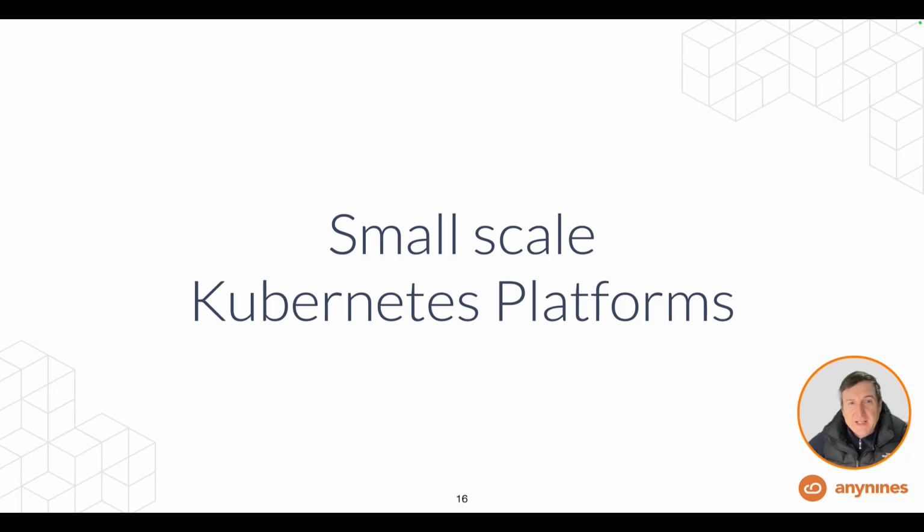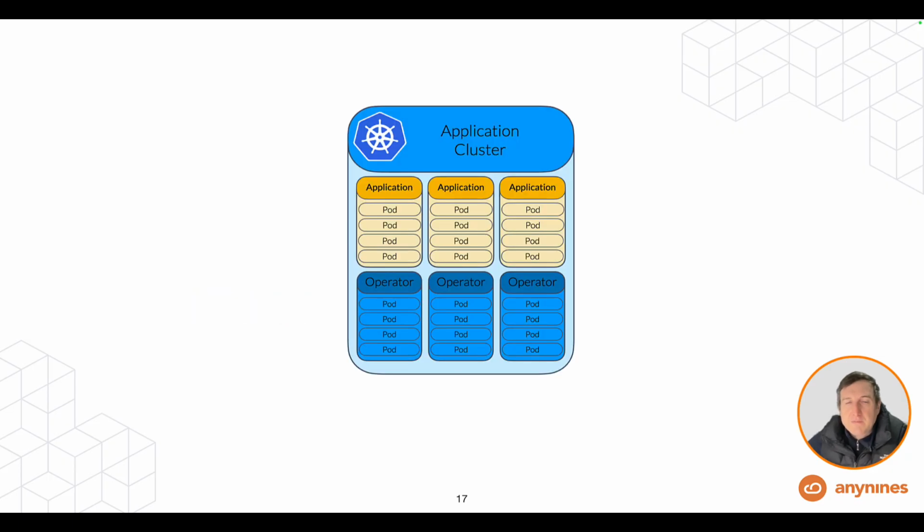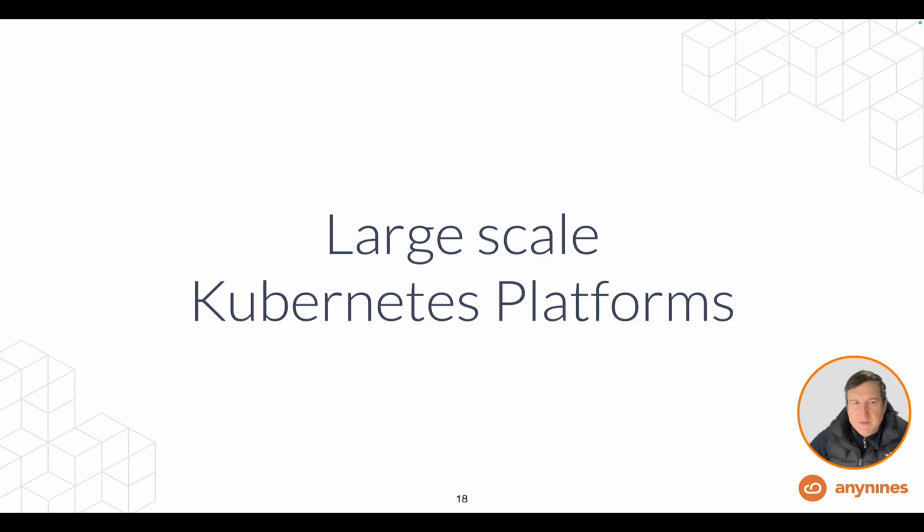For small-scale Kubernetes platforms, in increasing popularity, people use Kubernetes Operators. So you basically have your application running a few pods, and then you have an operator running a data service instance or multiple data service instances. And for small environments, that works.